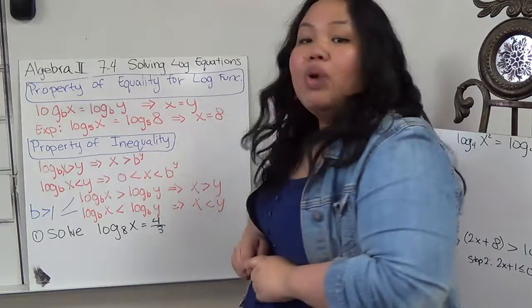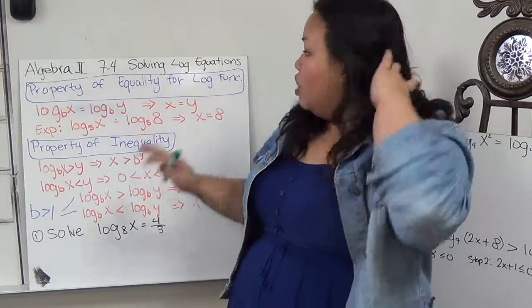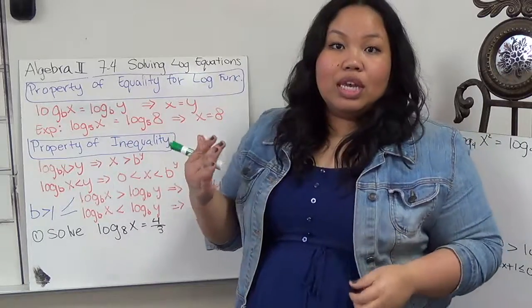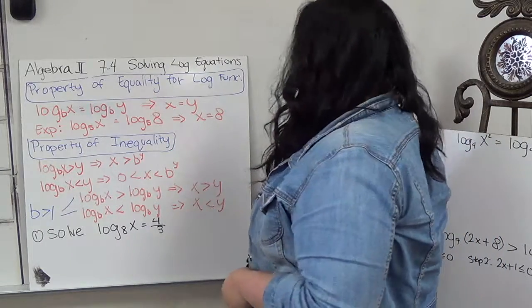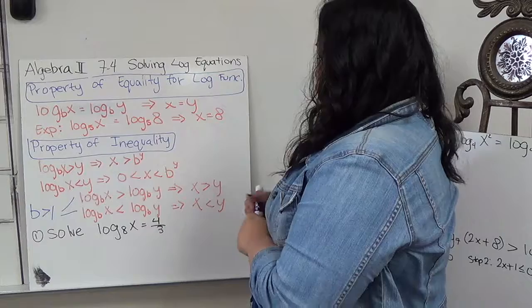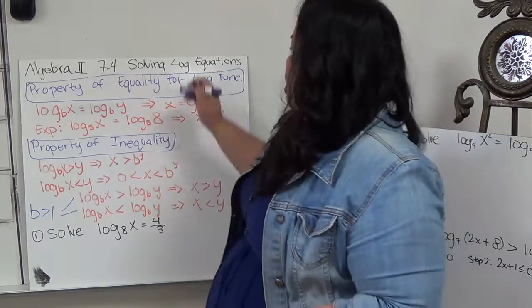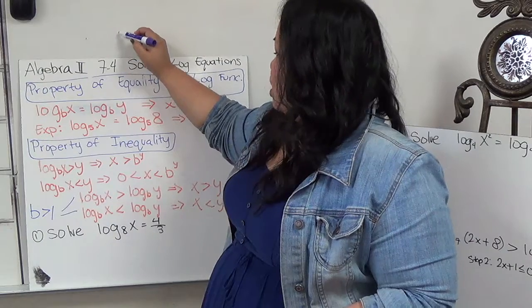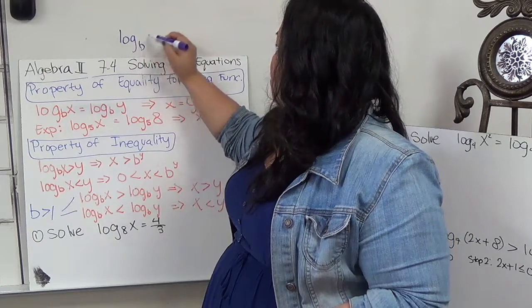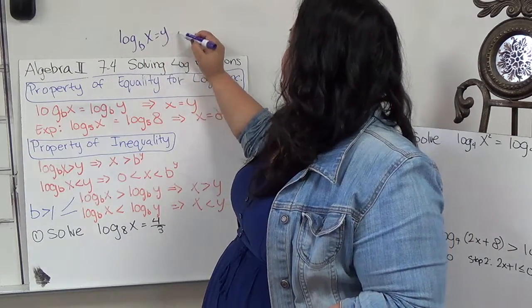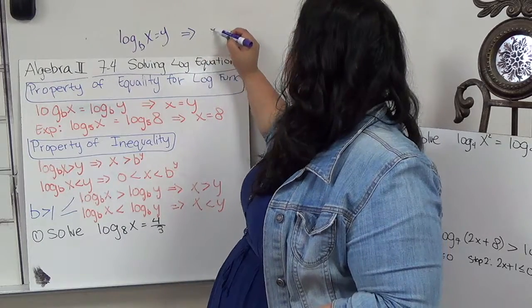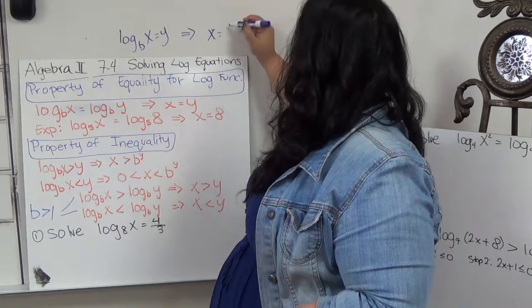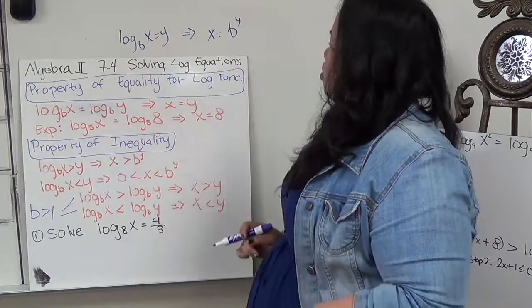So when we solve number 1, we have to use a combination of what we learned in this section, but also what we learned in last section on rewriting it so that we can solve it. So number 1, if you remember, this is the same thing as when we did log base b of x equals y, and then we can convert it to be x equals b to the y, right?